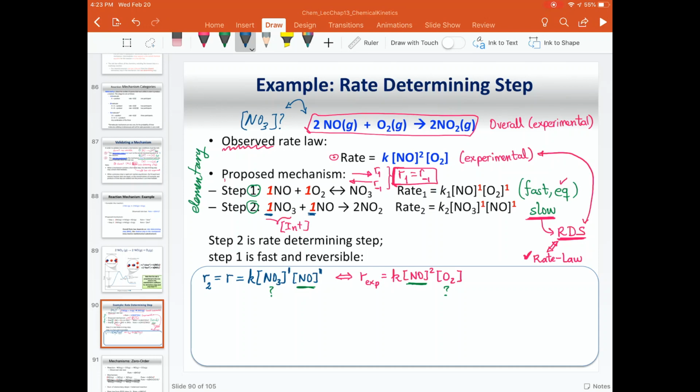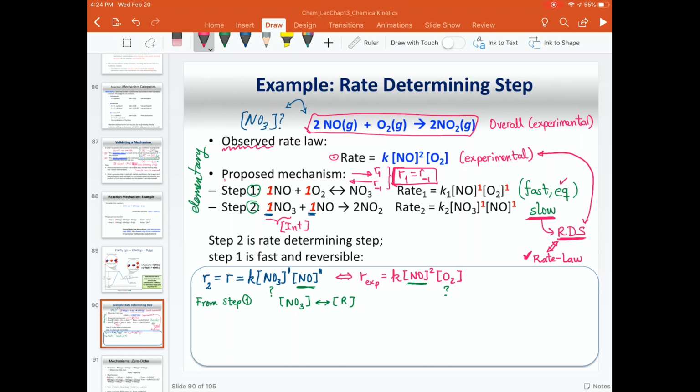Our alternative is that if you look at step number 1, step 1 contains NO3. So what we can do now is find an expression that relates the reactants with the intermediate, to substitute it in the rate determining step expression and see if now we make it compatible. So let's do that.